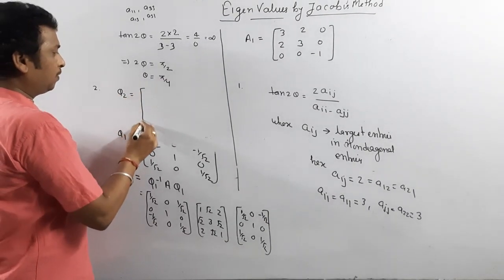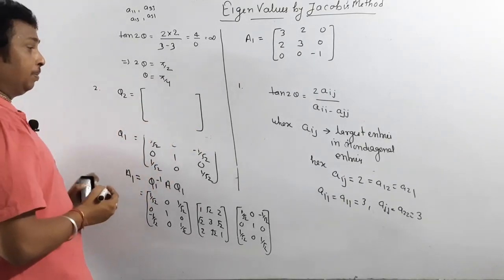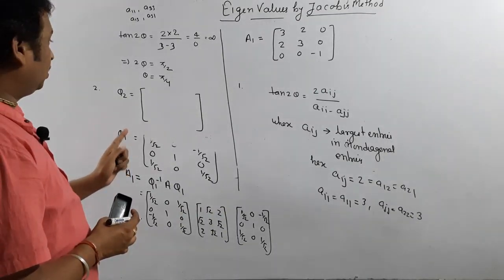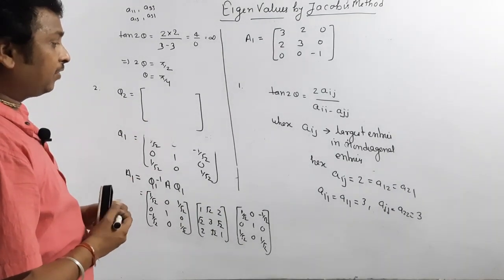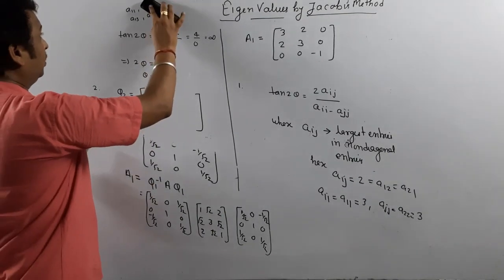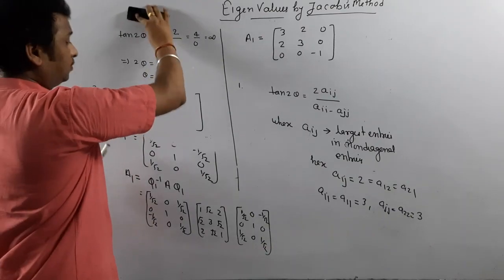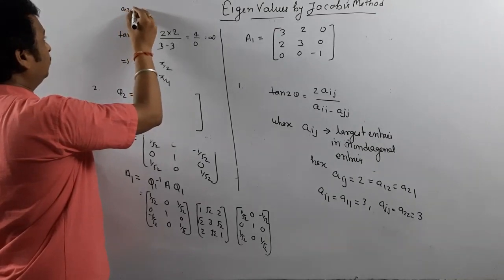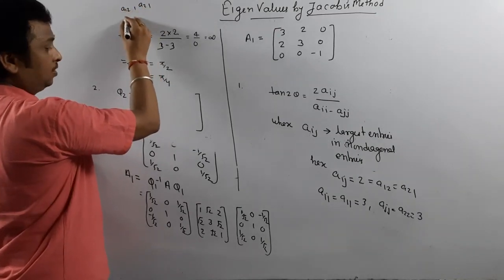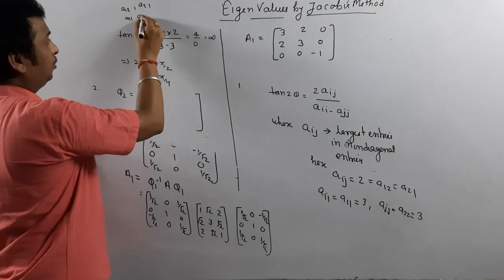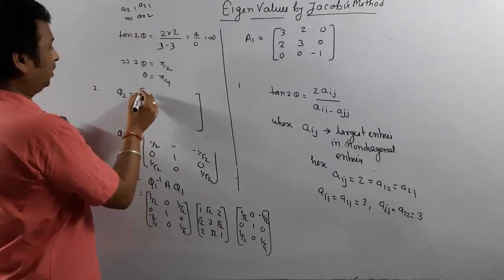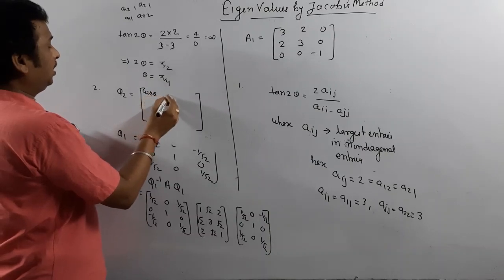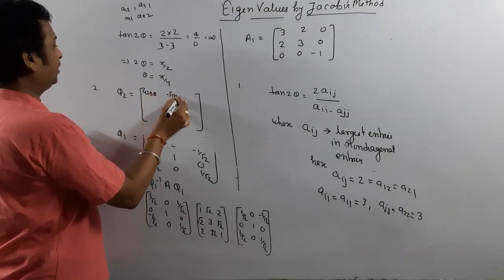What is Q2? Which values have we taken? A12, A21, A11, A22. A11 we require, so we put cos theta. A12 we require, so put minus sin theta.